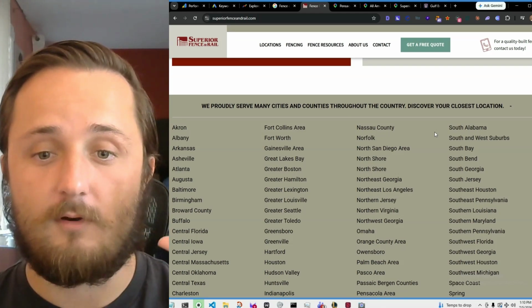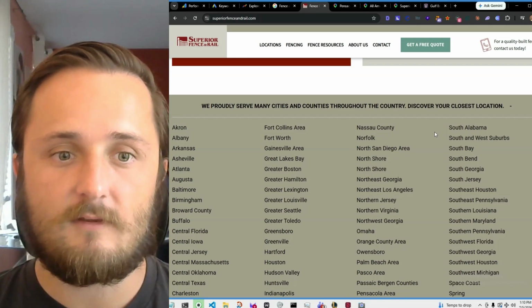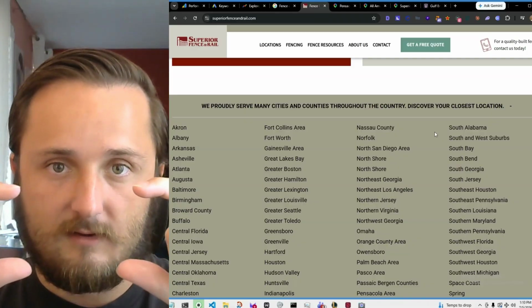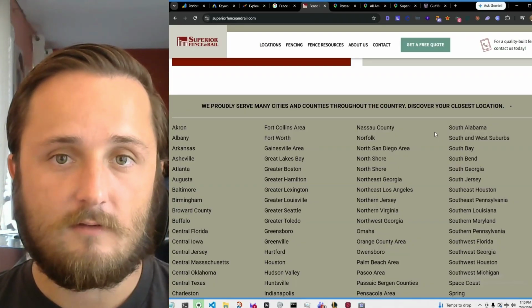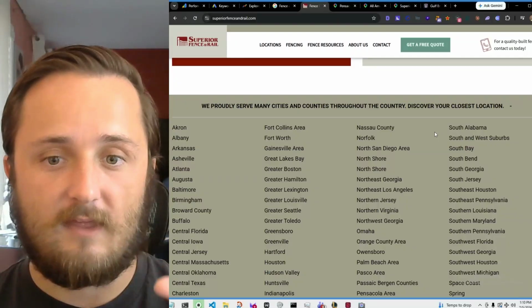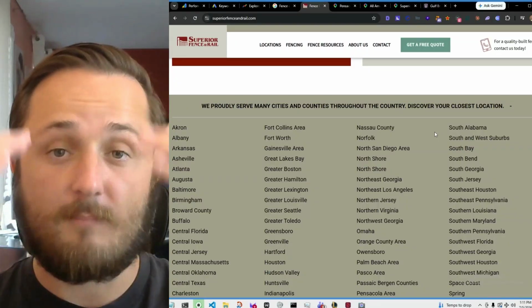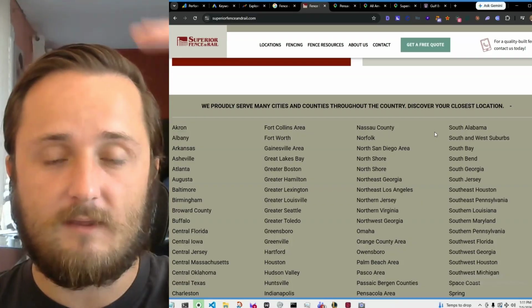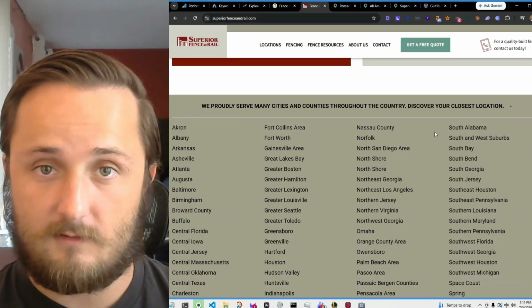Now, if they wanted to get more words on page, they could also place in this little accordion common conversations had with our customers. And then they could address specific pain points, specific questions on page, but not have it be like a skyscraper article that takes away from the customer's experience or journey.